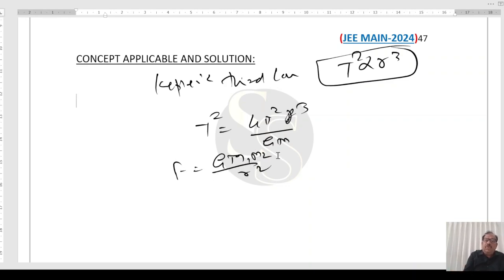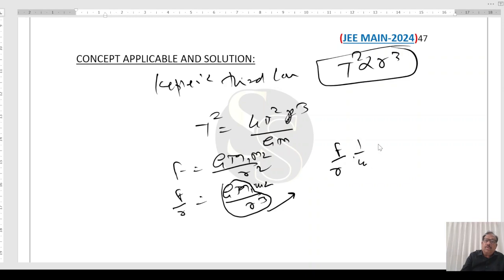So we have to find the value of GM over R cube. Multiplying by R, F upon R equal to G m1 m2 upon R cube, right? We need the value of GM over R cube. Means F upon R upon M. That is the dimension of GM over R cube.